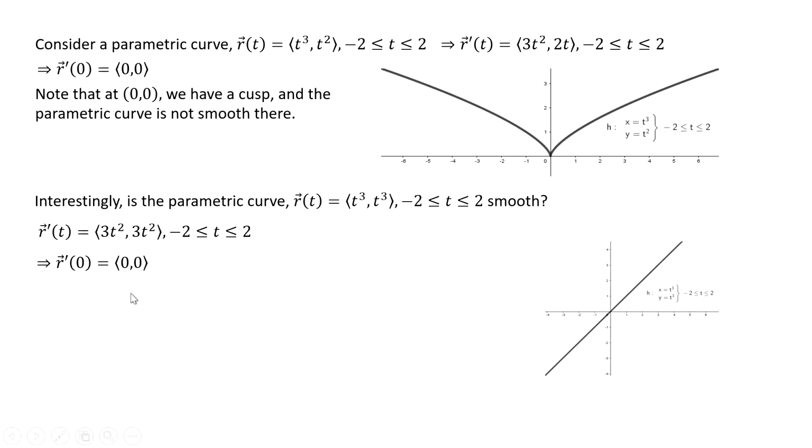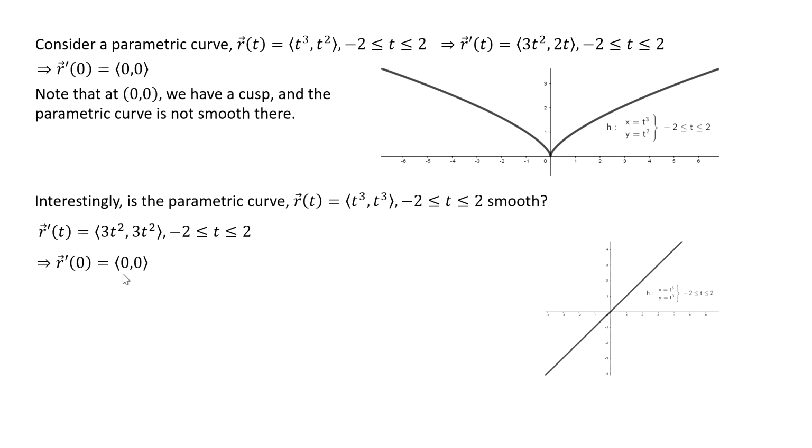Oh, because like the condition states, r prime of 0 is 0, but it doesn't have any cusp. It doesn't matter. Why doesn't it matter? He said, well, it doesn't matter because of something that we are going to look at in just a second.